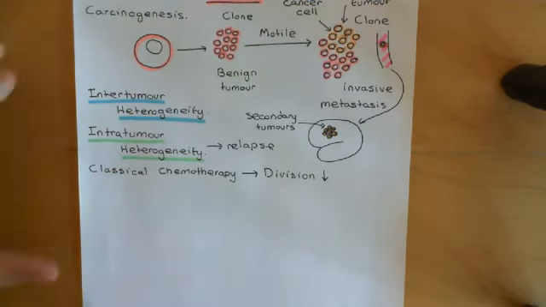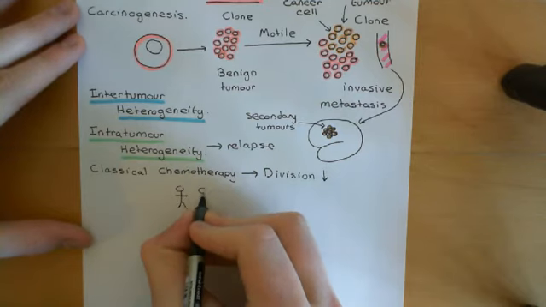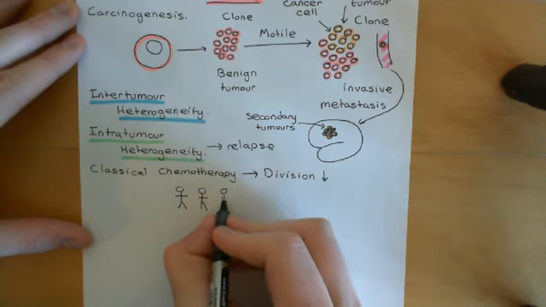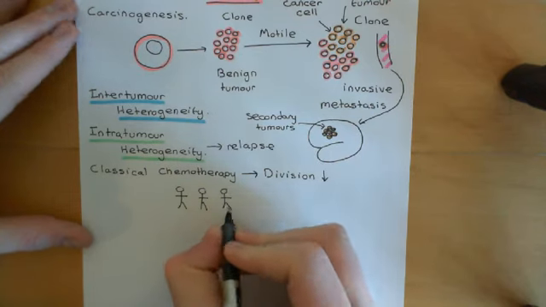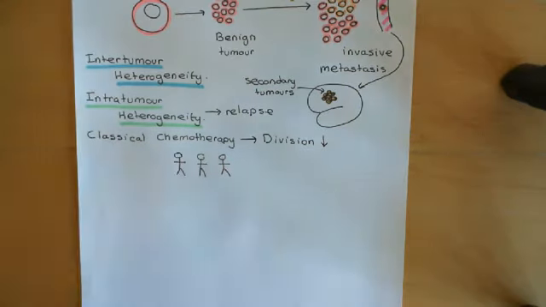If you do this, I'm just going to draw a little picture. So we've got loads of people here. Here's one person, here's another person, etc. And let's say they've all got breast cancer. And we give them all the same drug treatment. We give them some classical chemotherapeutic agent that hopefully is going to stop the cancer cells from dividing.